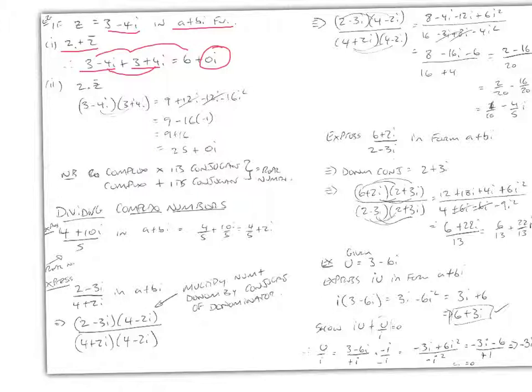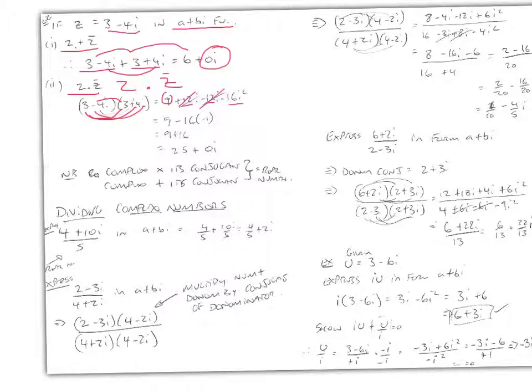What about the complex number multiplied by its conjugate? So z multiplied by its conjugate. Okay, so that's 3 minus 4i times 3 plus 4i. So just working that out, 3 3s are 9, plus 12i minus 12i minus 16i squared.